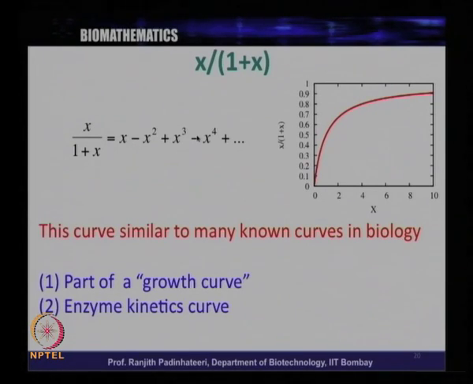So, by starting from x, x square, x cube, we came to a function which mimics a biological phenomenon; this particular enzyme kinetics reaction, for example, behaves as if it is a mathematical function. Think about it, it is a very intriguing thing that a natural phenomenon behaves like some function that we learned in mathematics. It is intriguing.